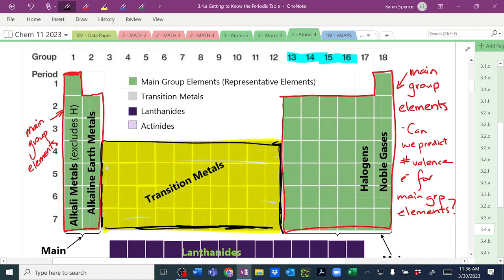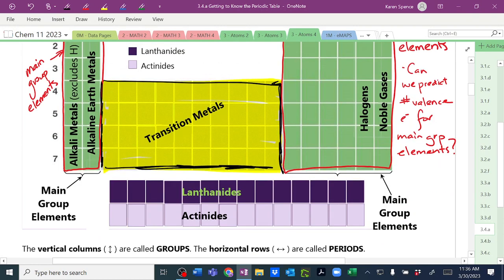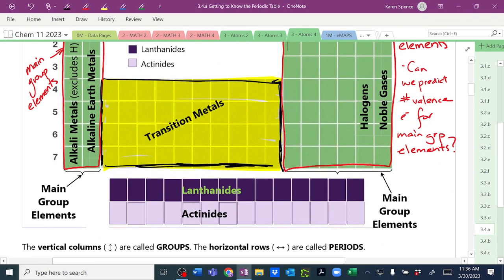So on the quiz next Thursday, you will be expected to be able to label the transition metals, the main group elements, the alkali metals, alkaline earth metals, halogens, noble gases, and the lanthanides and actinides. Now, you might look at that and go, whoa, those are some weird names. However, let's go see why it's not as bad as it sounds.